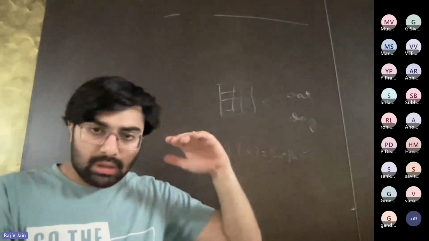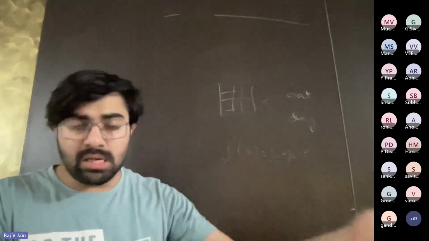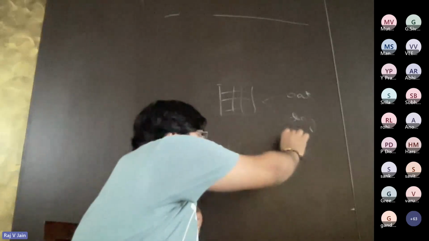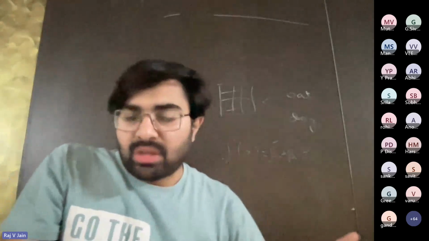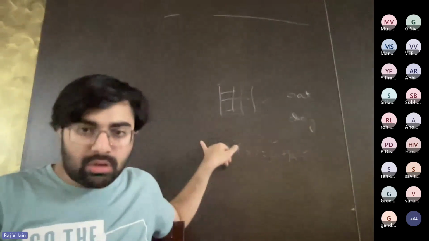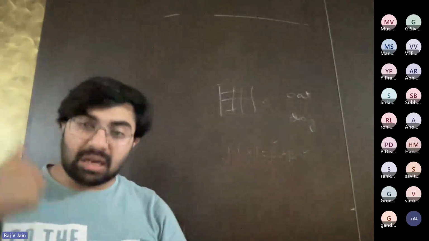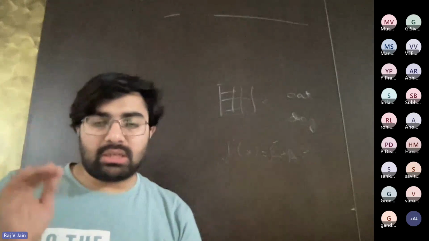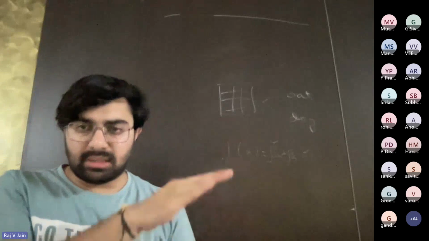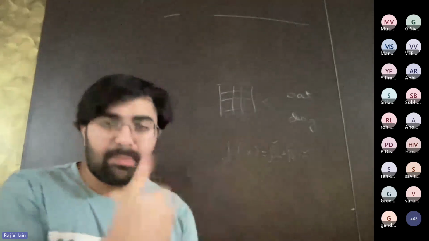Parameters are the values that the model has learned or will learn to get to that particular output. So here beta naught and beta 1 are the parameters of the model. What you want to do is take the x's and the actual y's in your training set and learn the parameters. So parameters are learned using features and output. And once you have learned those parameters, the output is calculated taking the features and the parameters.